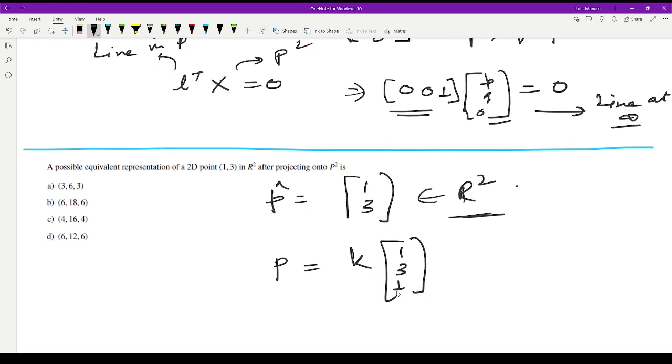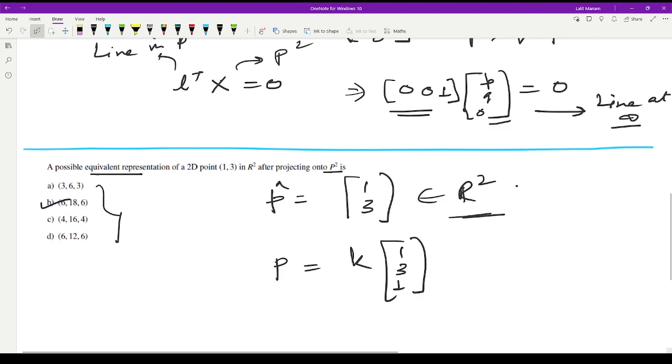So we add the third dimension 1 here, and then multiply it by a scaling factor k. Any of these points which satisfy the scaling factor k appropriately gives us one of the equivalent representations in two-dimensional projective space. So here the answer is B, 6, 18, and 6.